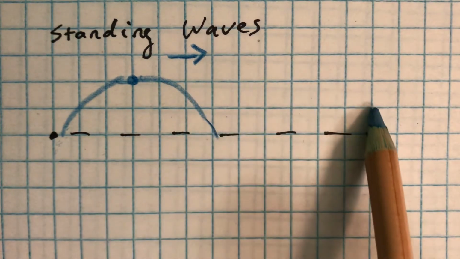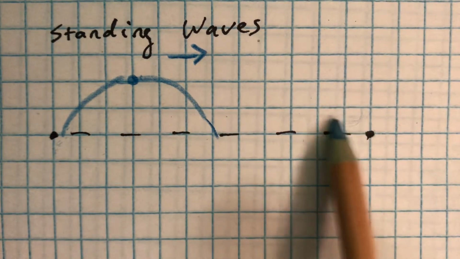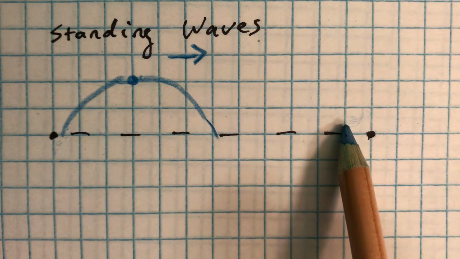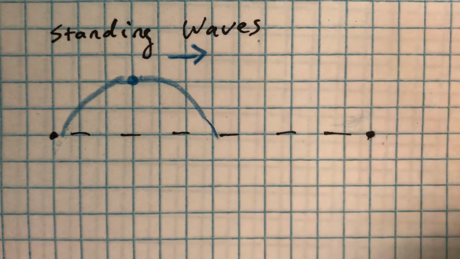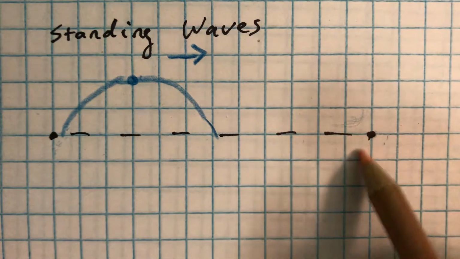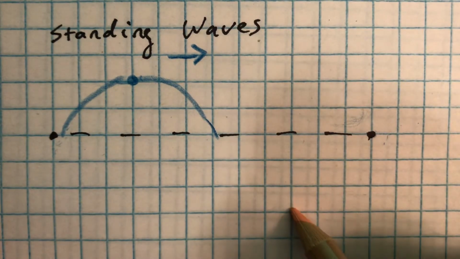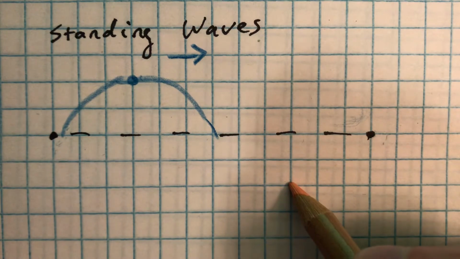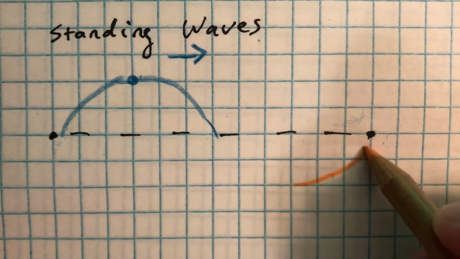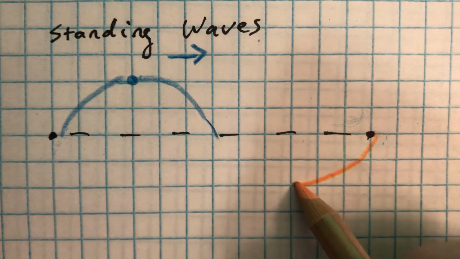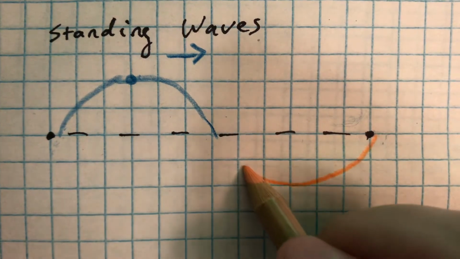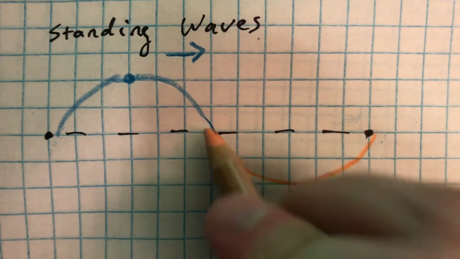Now when it gets to this end, it's going to reflect back. And because this is a fixed position, the reflection is going to be inverted. So I'll draw the same amplitude in the opposite direction.